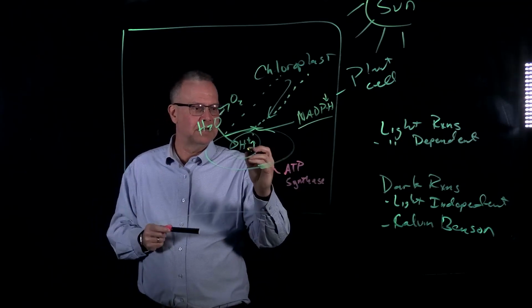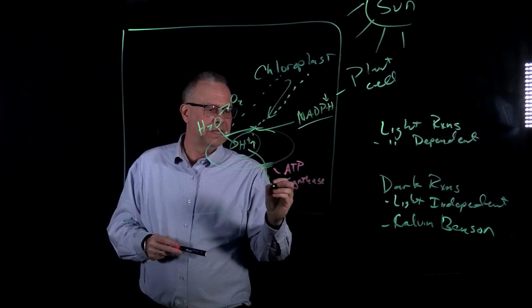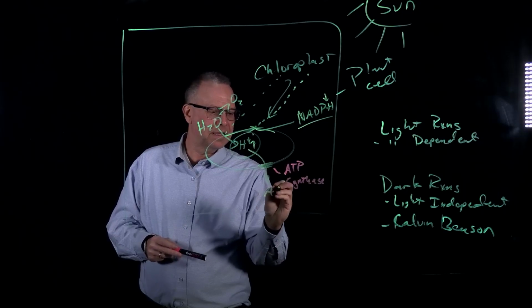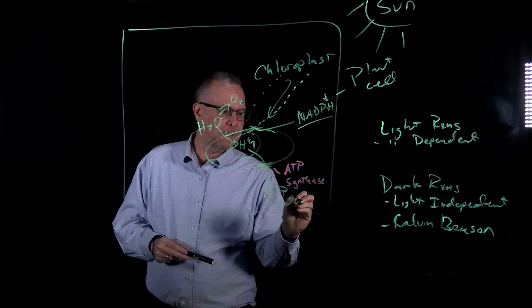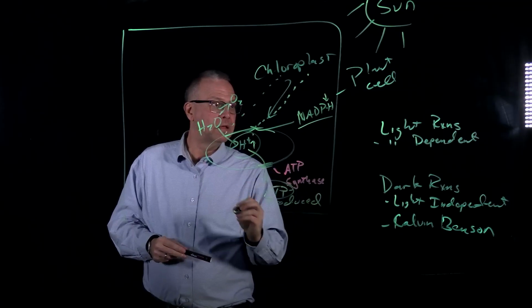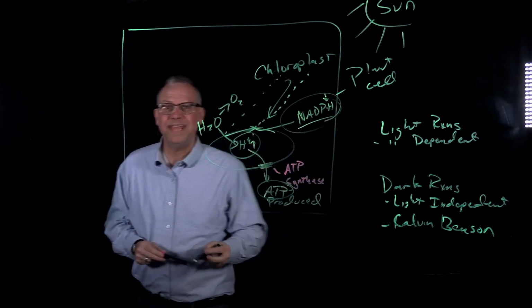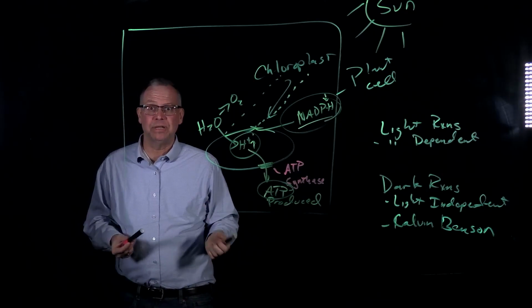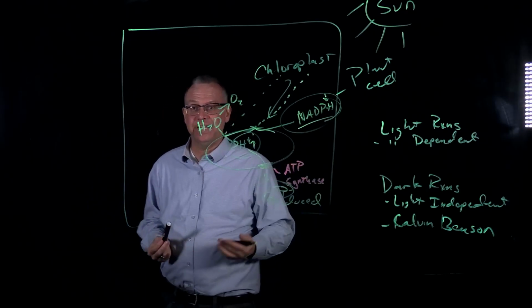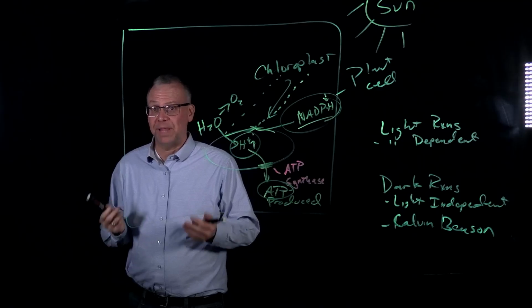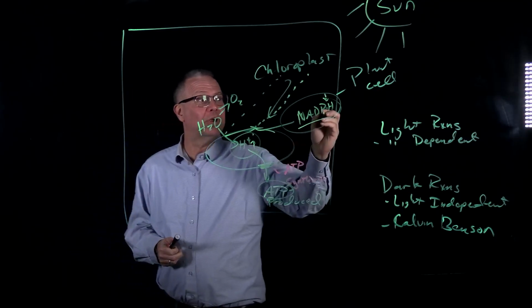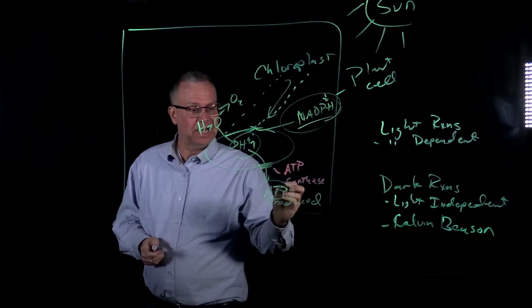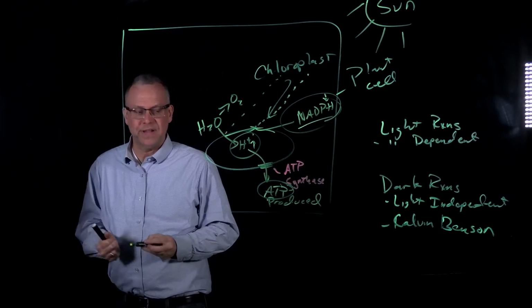Hydrogen ions flow through and ATP is produced. So the energy that's captured by sunlight coming in and interacting with the plant, with the chloroplast, is here in NADPH and here in the form of ATP.